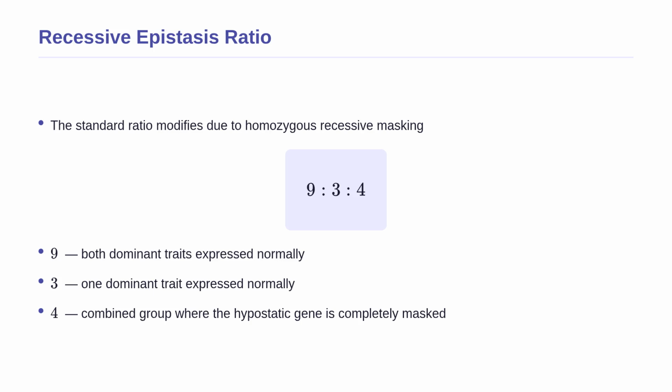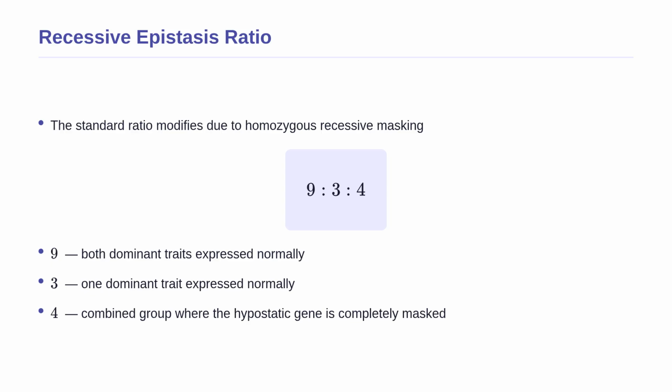This specific masking behavior directly alters our expected mathematical outcome, giving us a new formula. The standard ratio modifies into 9:3:4. This happens because the last two categories of the standard Mendelian ratio are combined into a single group of 4.